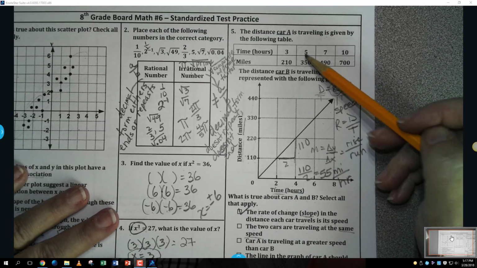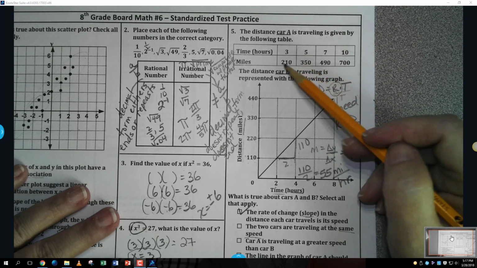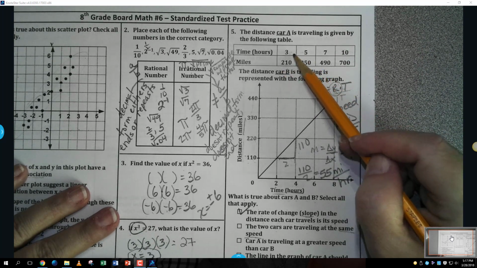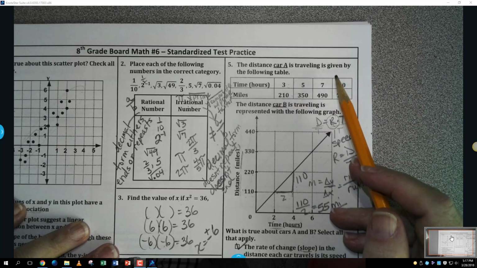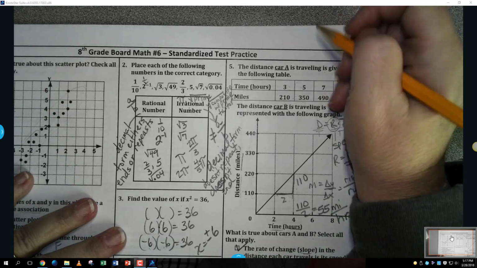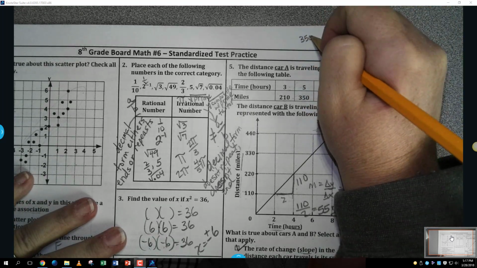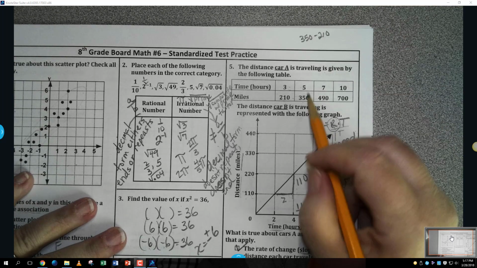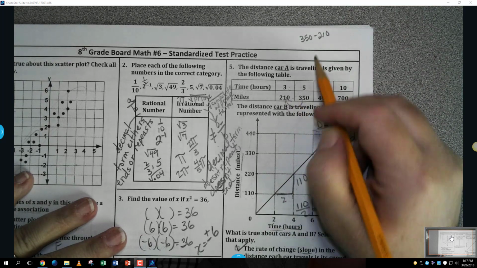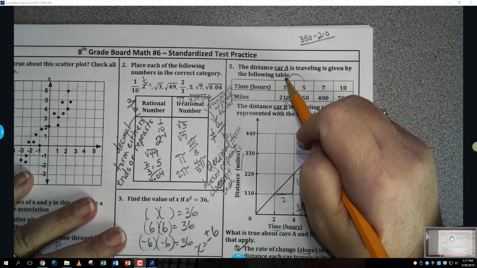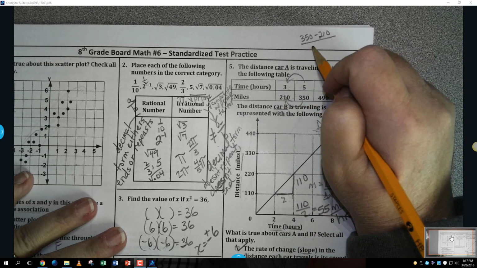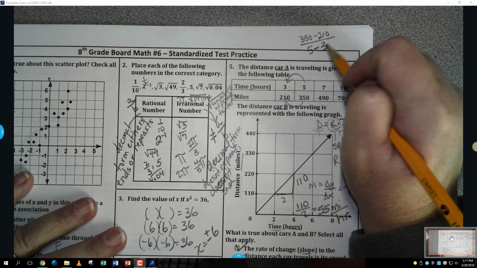Now if I do the same thing right here, these are my x numbers, these are my y numbers. I think I'll come up here where I have a little more space. I would have 350 minus 210, so this minus this, over 5 minus 3. Notice I'm going in the same direction with my subtraction.